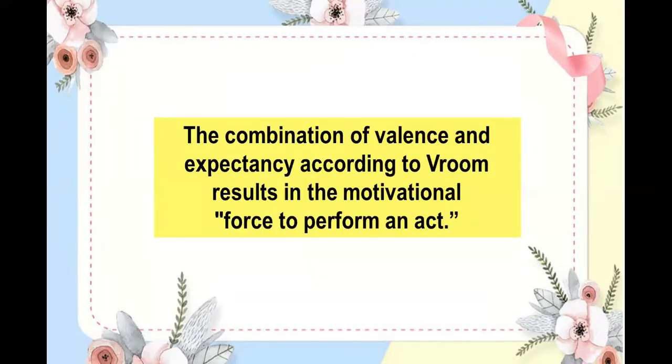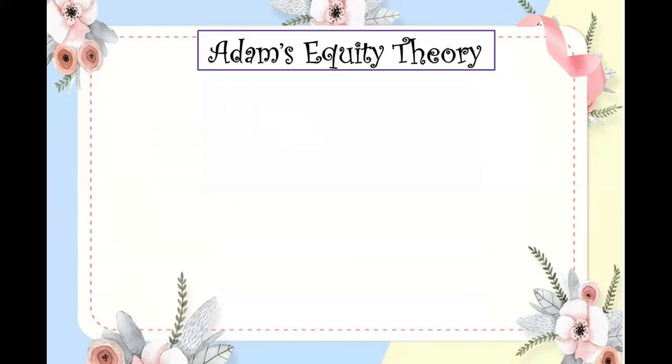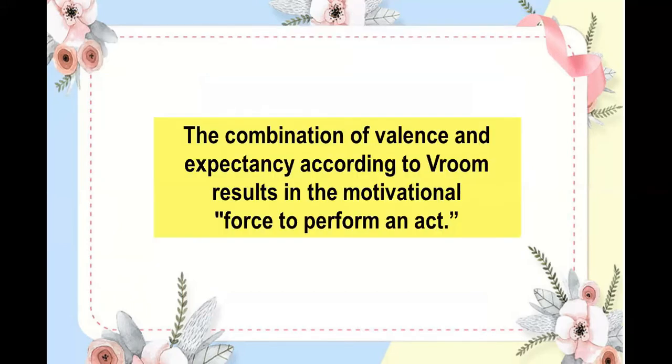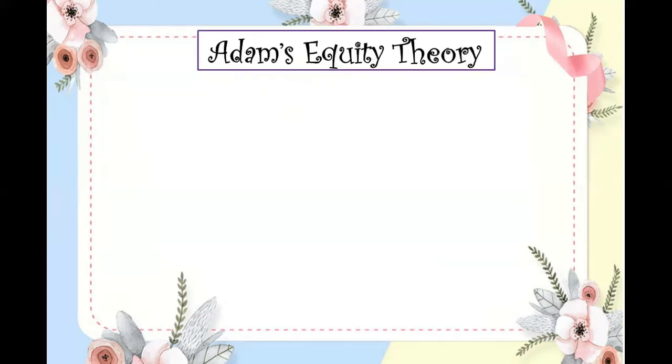So the combination of valence and expectancy, according to Vroom, results in the motivational force to perform and act. So the stronger the valence or value of the reward and the stronger the expectancy that a person's effort will be successful and result in the reward, the stronger the motivational force to engage in the behavior.